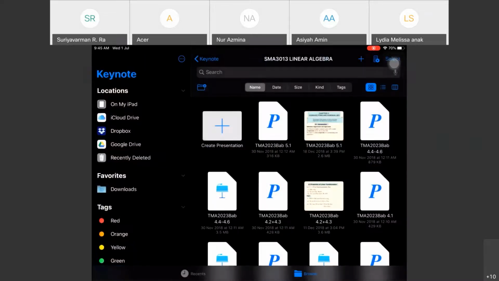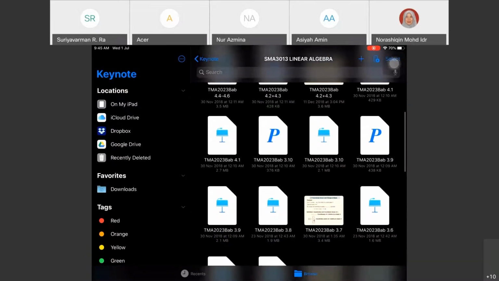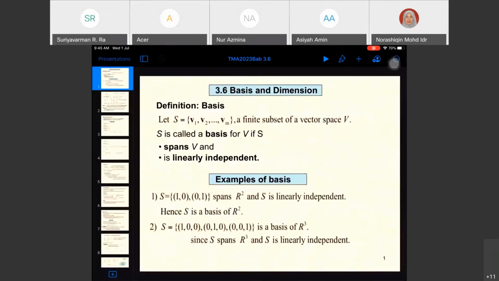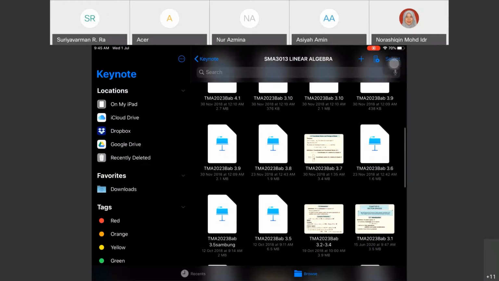So the definition just now is 2 point what? 3? Wait, what? The next one is 3.6? 3.6? Oh no, not yet. We haven't finished 3.5 yet. Oh, there's a continuation.